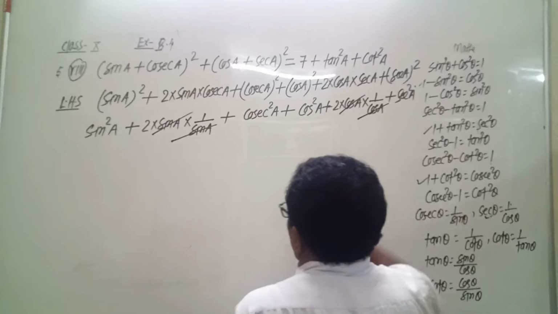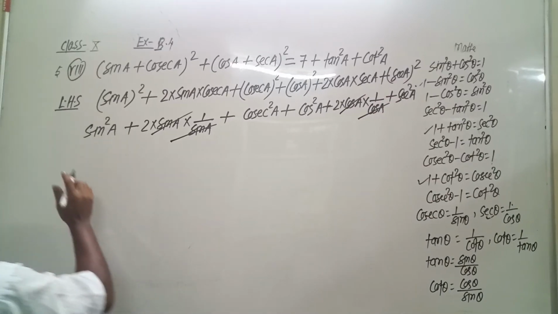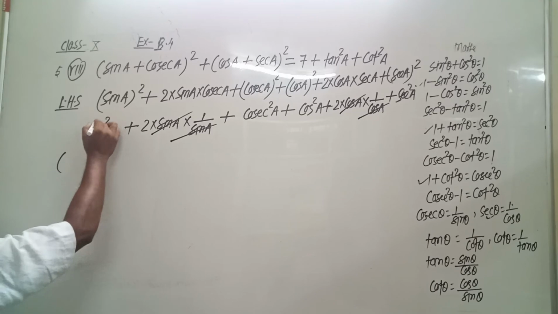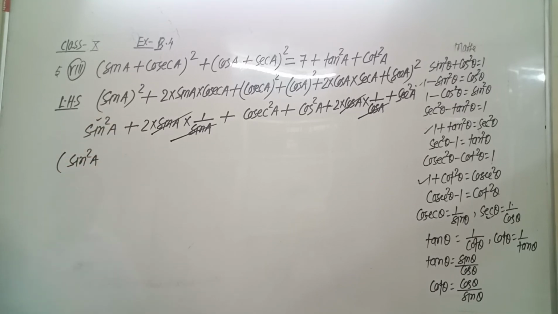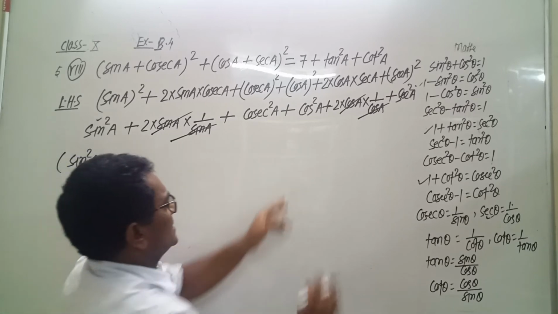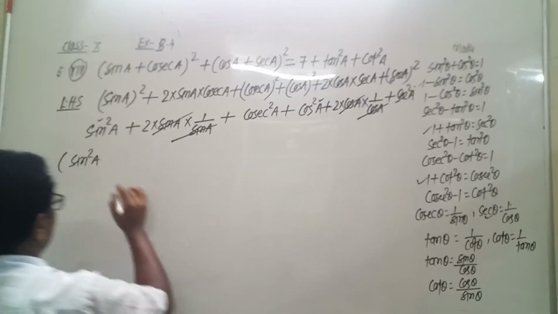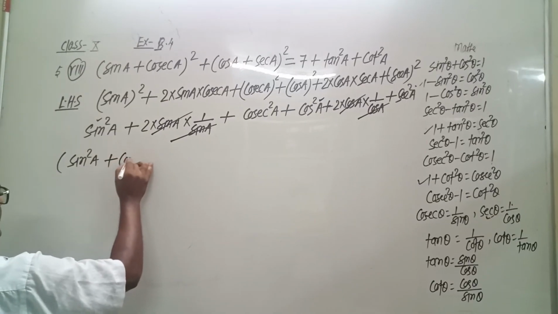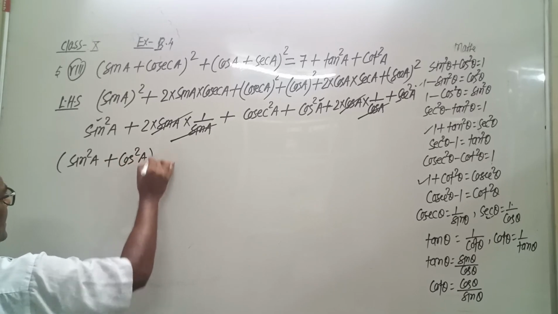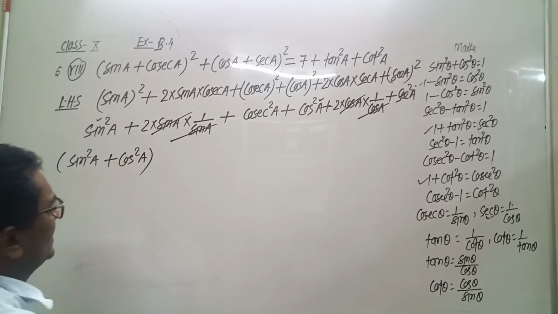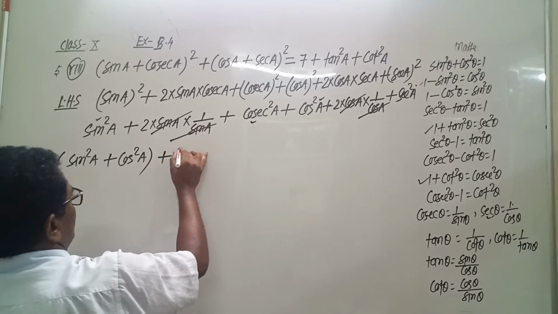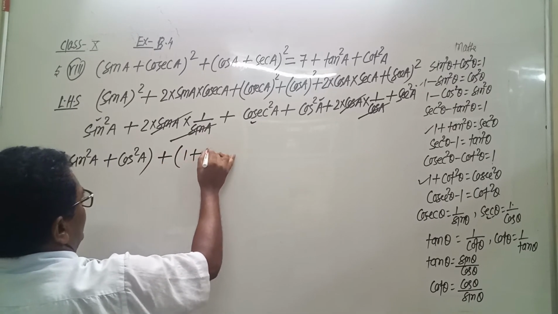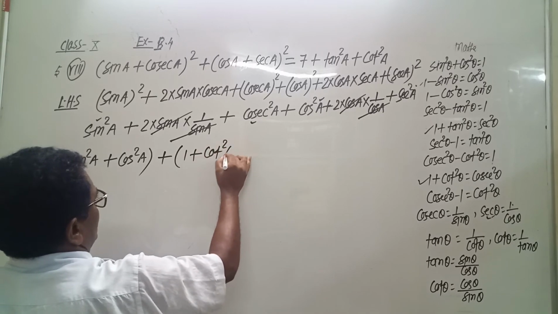Cos A and cos A get cancelled. Then sin square A plus cos square A, both could be written together in the same bracket. This cosec square A is written as 1 plus cot square A.